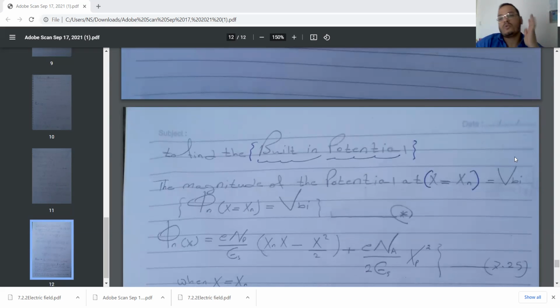Now we found 4 elements: the electric field at the N region, the electric field at the P region, the potential at the N region, and the potential at the P region. Now let's calculate and find the built-in potential barrier, like the last lecture, V_BI. The magnitude of the potential at x equals x_n equals the built-in barrier potential.